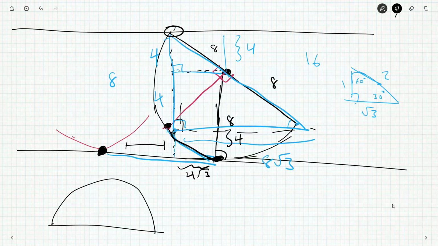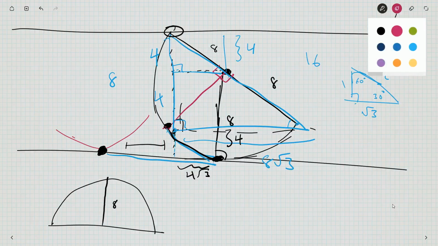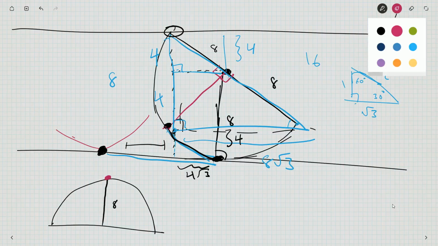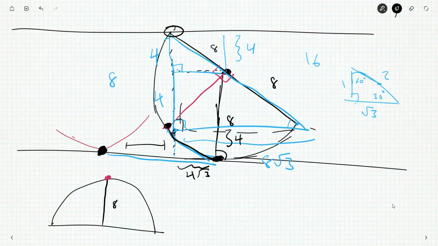So now, if I've flipped over my semicircle, I've got the 8 here. I'm going to use the red for my original point of contact. Okay, so now if I connect it up, we get a bunch of 45s. And then this one here has a 60 and a 30, so it's actually further over here.